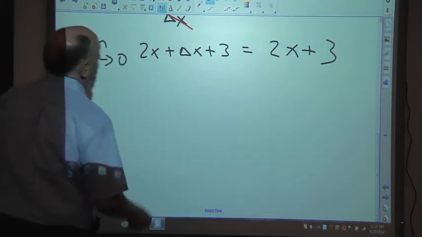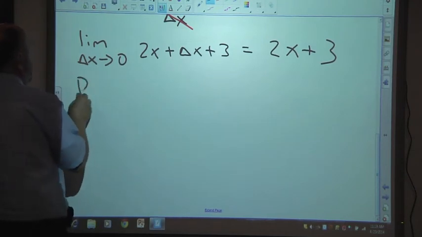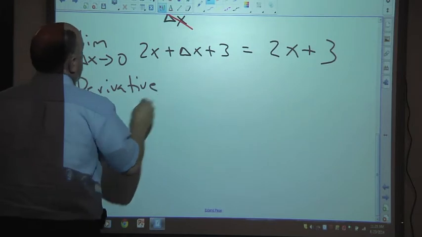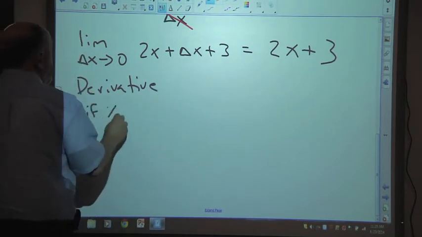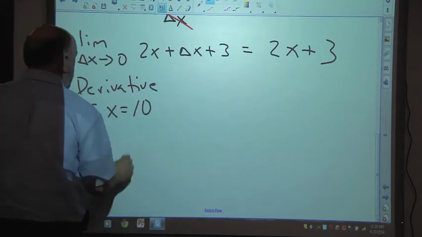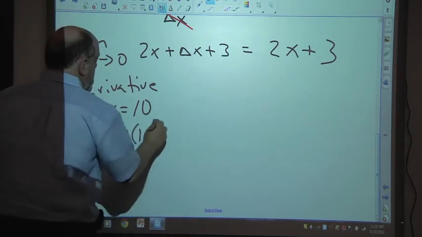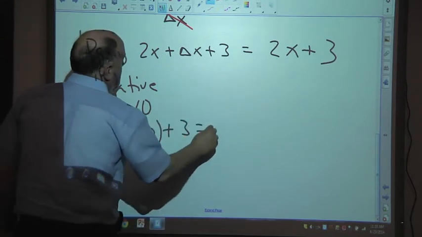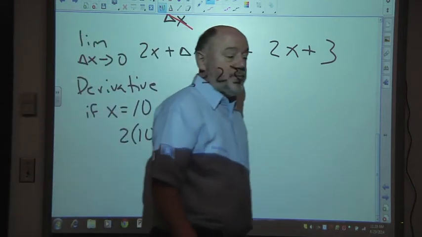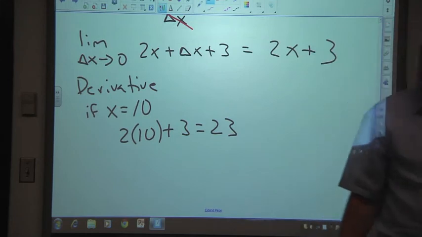So what is the derivative if x is equal to 10? Well, it would be 2 times 10 plus 3, which is 23. So we got our derivative, right?